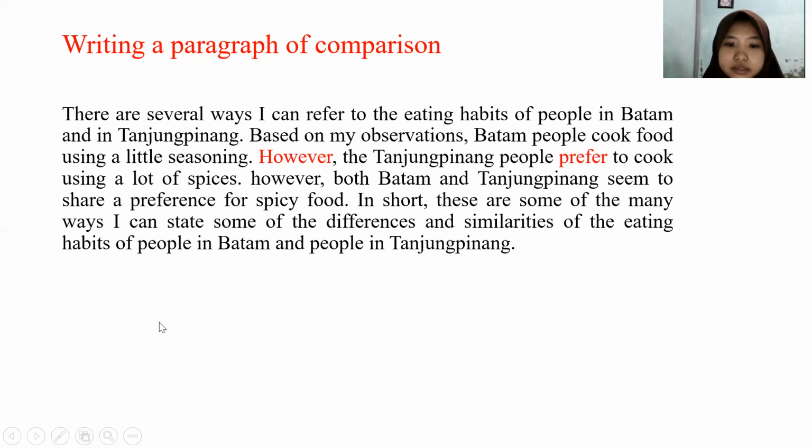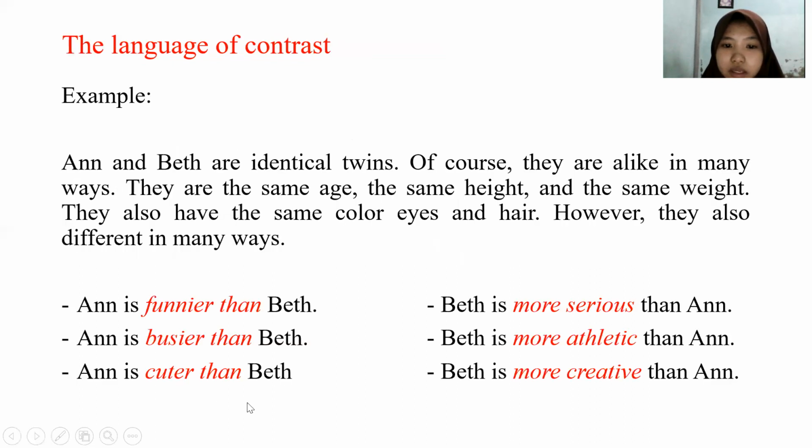All right, next way is the language of contrast. Example, Ann and Beth are identical twins. Of course, they are alike in many ways. They are the same age and the same weight. They also have the same color eyes and hair.